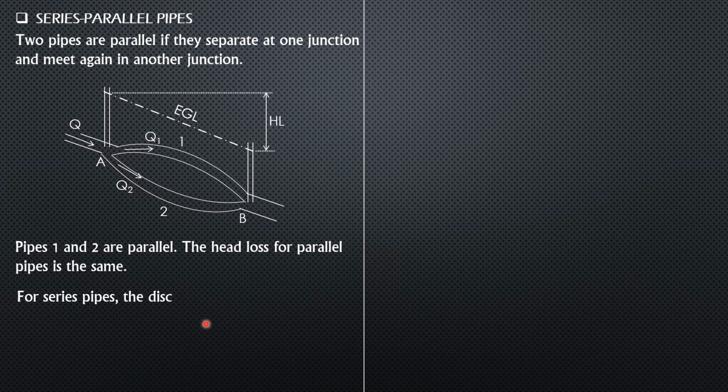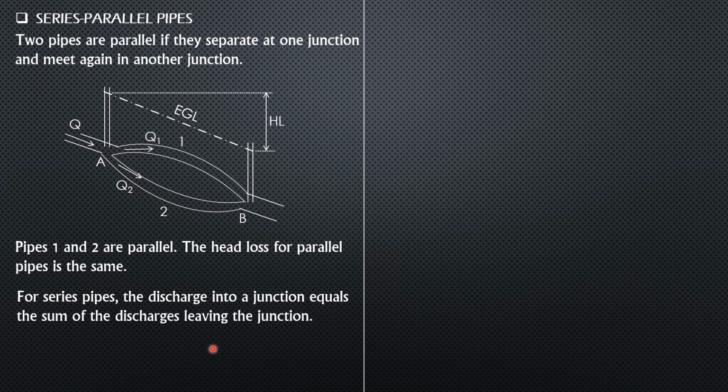So the discharge into a junction equals the sum of the discharges leaving the junction. This single pipe here is in connection with these two parallel pipes, but they are in series. So that is Q equals Q1 plus Q2.